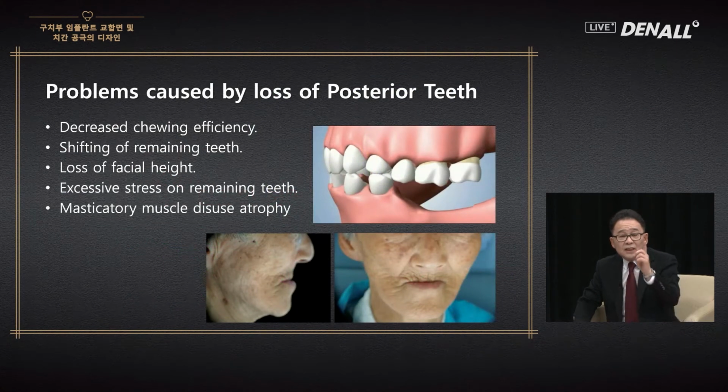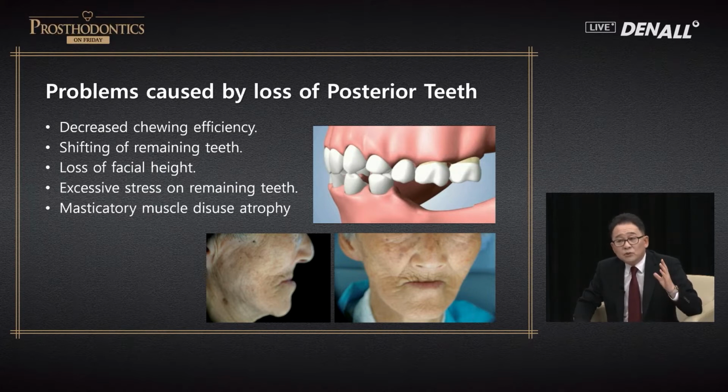The loss of posterior teeth creates a lot of problems. We already know the shifting of remaining teeth, and there is a lack of height. These are known already, but my point is, with the loss of posterior teeth, the masticatory muscle disuse atrophy occurs, making the cheeks slim.